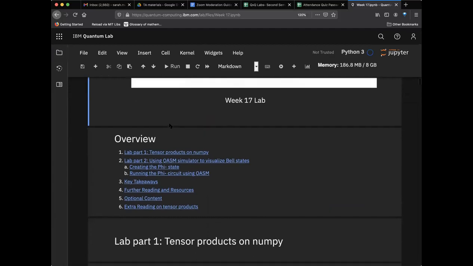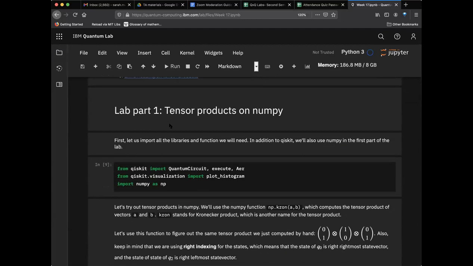Okay, so this week we're going to first import all the libraries we need. So make sure to run every step in the Jupyter notebook. Otherwise, you're going to get an error like, oh, you didn't import this function, I don't know what this function is.